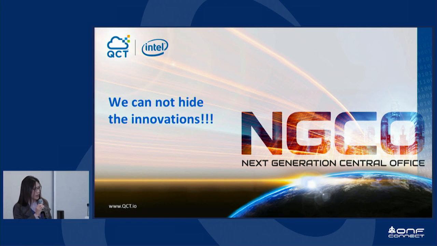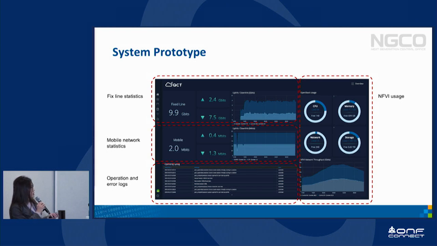Okay, now I will review some system snapshots of our work of our QCT-SA. This is the overall summary page, and actually we display 2 types of services.